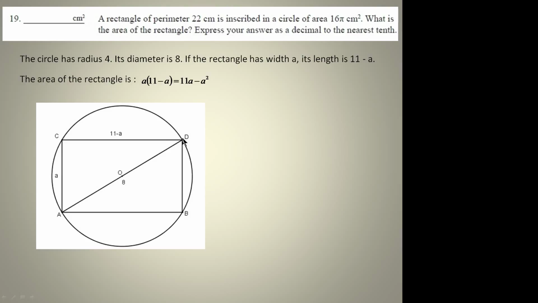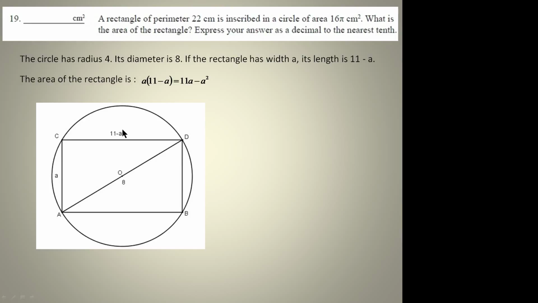So this is a diameter. So it's 8, and we know the perimeter is 22. Then half of this will be 11. So we set one side to be a, and the other side will be 11 minus a, because the total is 11, because you have 11 here also.